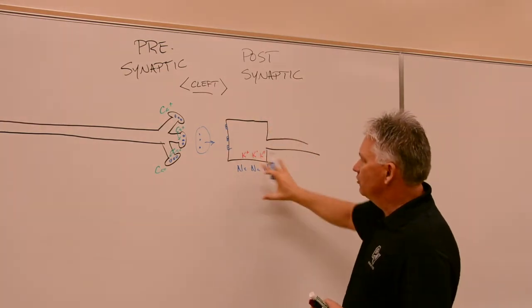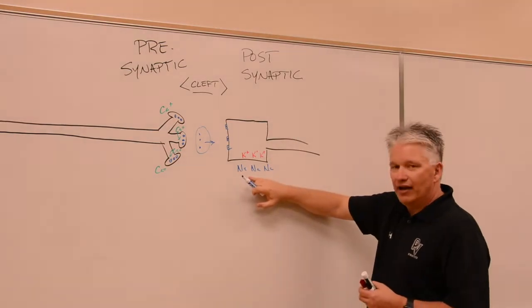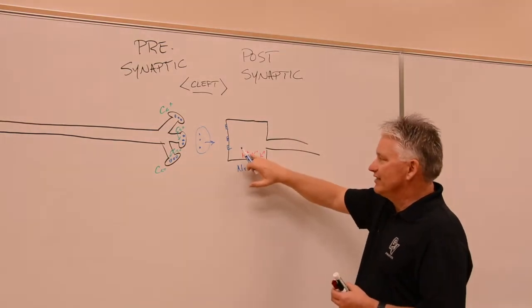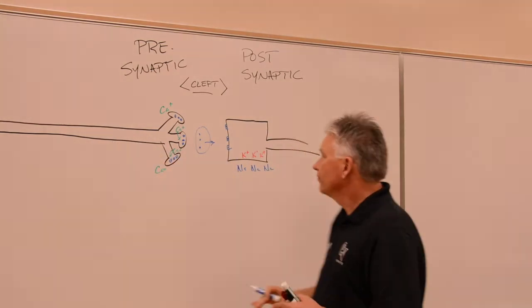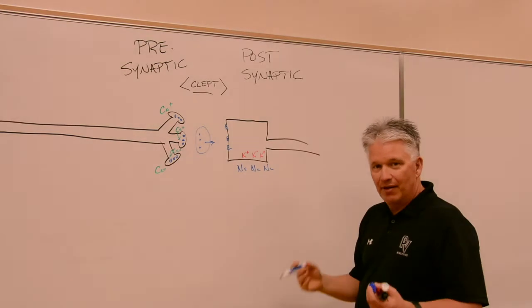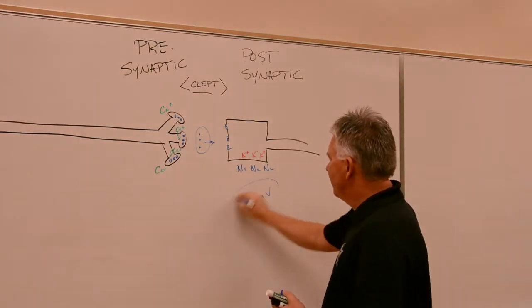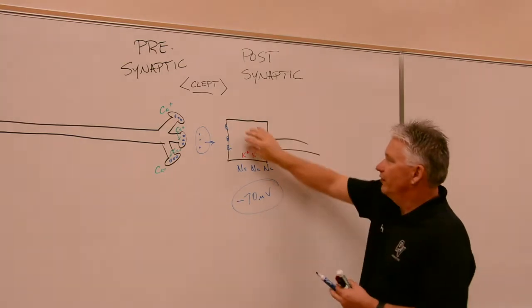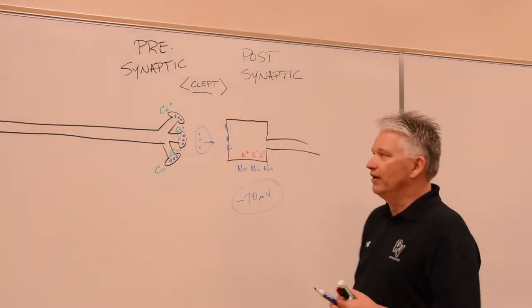Now, this postsynaptic structure, we're saying it has sodium on the outside, it has potassium on the inside, just like we had in our axon. It also has a resting membrane potential. So let's say that our resting membrane potential of this structure is negative 70 millivolts. Same thing that we used on the other side.